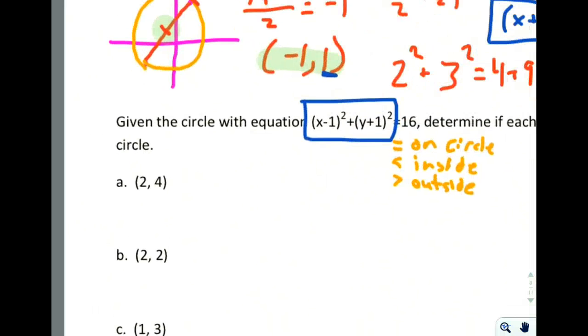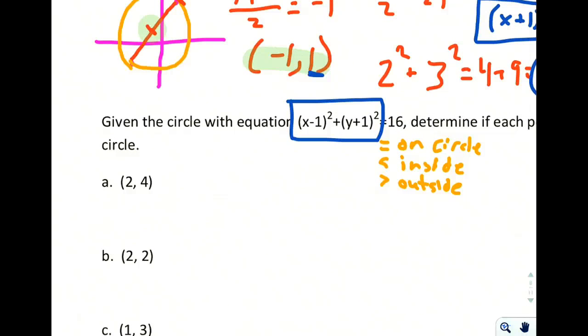First one is the point 2, 4. So 2 minus 1, we plug it right into here. I'll write it out for the first one. 2 minus 1 squared plus our next coordinate, the y's, and so our y is 4, and it says plus 1 here, so y plus 1, so 4 plus 1 squared.